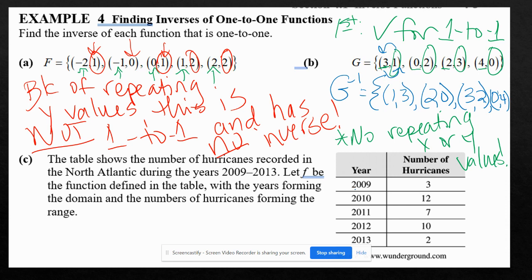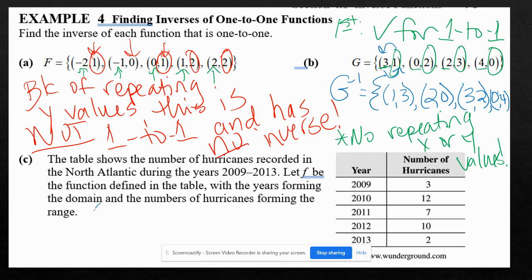Take a look at our hurricanes here. Our years, we have 2009, 10, 11, 12, 13. Nothing repeats there. Number of hurricanes, 3, 12, 7, 10, and 2. Nothing repeats there. This is 1-to-1.